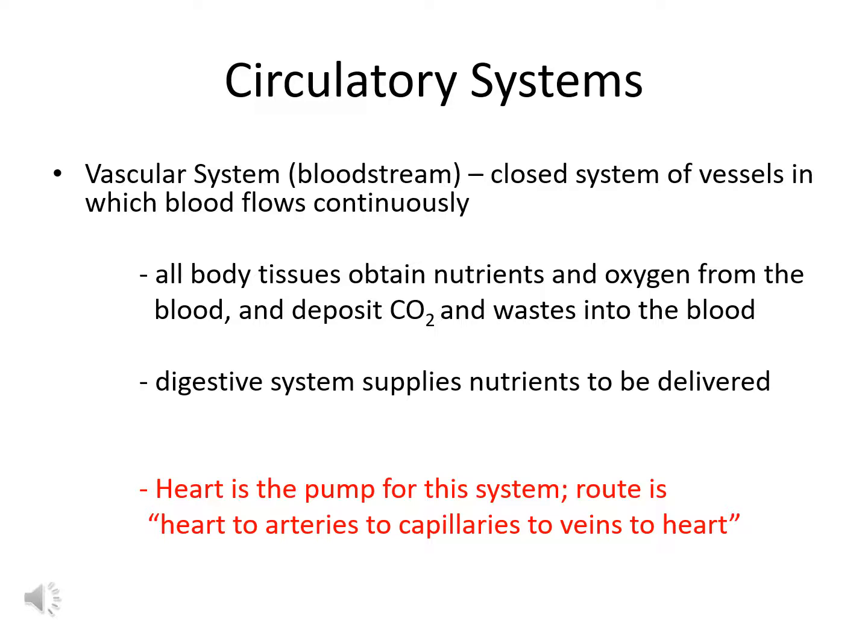Now, the heart is the pump for this entire system, and the typical route of the blood to flow includes from the heart to the arteries, to the capillaries, to the veins, and back to the heart.